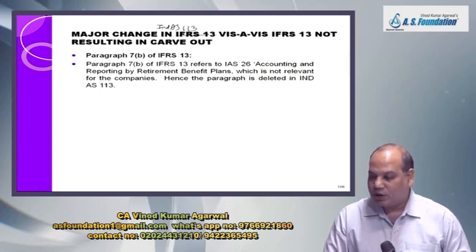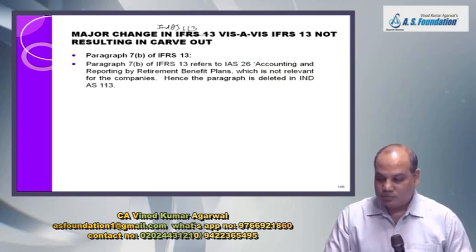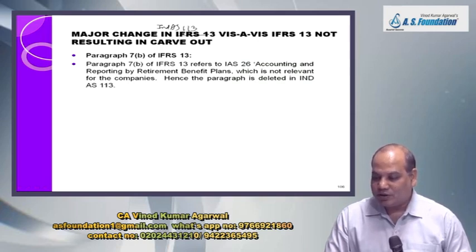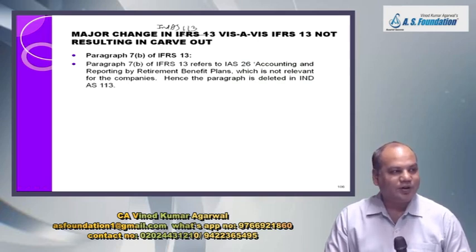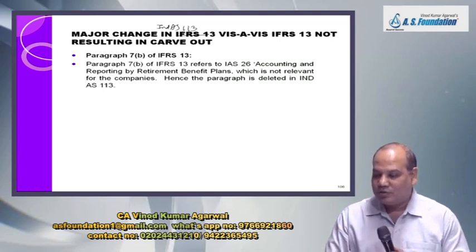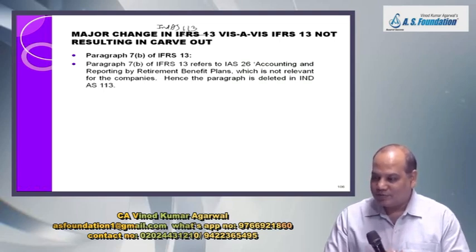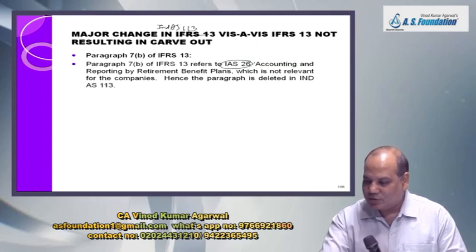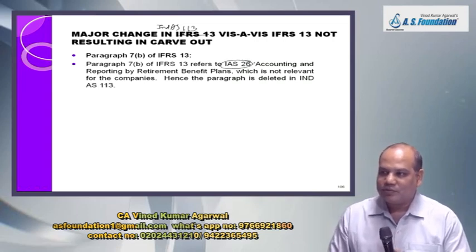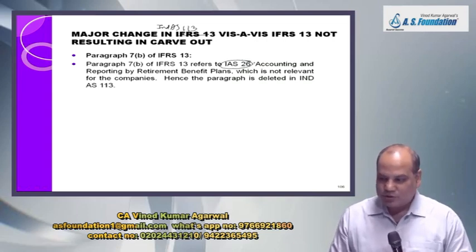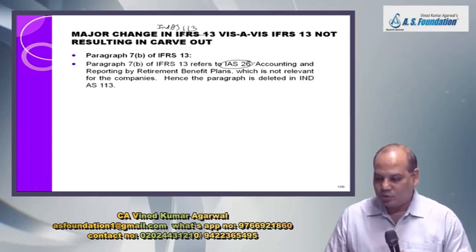Paragraph 7b of IFRS 13 refers to IAS 26, that is accounting and reporting by retirement benefit plans, which is not relevant for Indian companies. Because in India, IAS 26 or its counterpart is not applicable. This standard is not there in the list of Ind AS. Right? This standard is over.